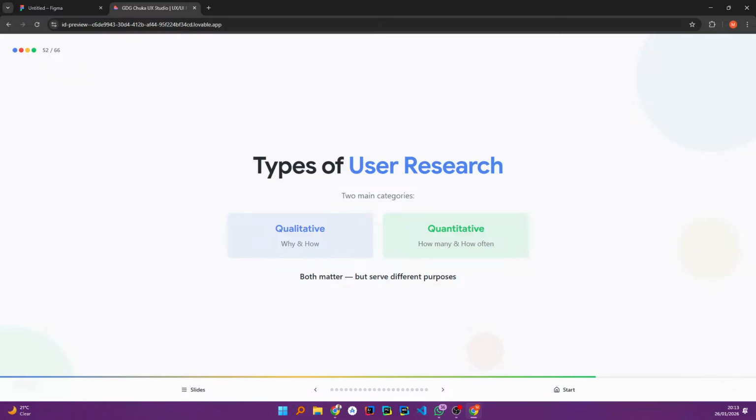So that is user research, and like I said earlier, the reason we usually conduct user research is to know what we should build, like finding a real problem to solve, and also how we should build it.